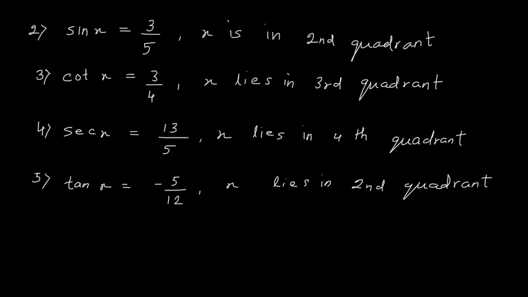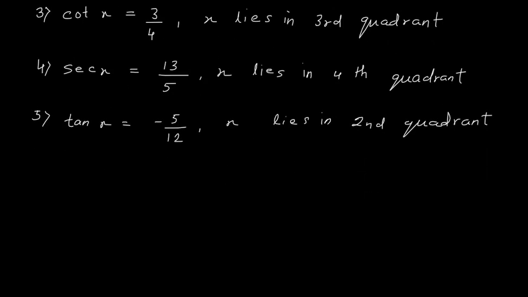So let me solve one or two more problems and then you can solve the other problems by yourself. I have taken one example of sin, cos. Now I will take another: cot x is 3 by 4 and x lies in the third quadrant. This is the third problem: cot x is equal to 3 upon 4.